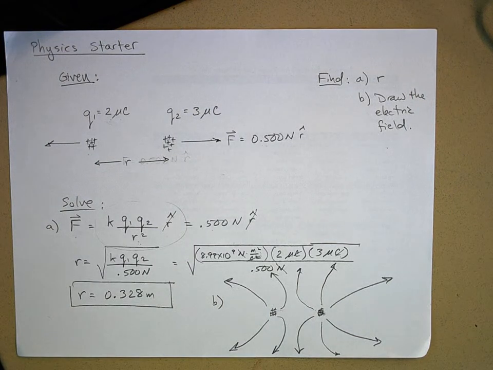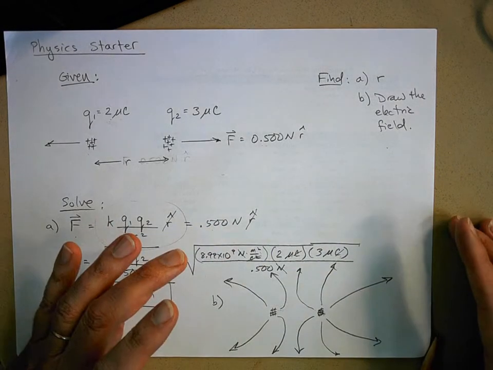Yes? Would it be incorrect to do 2 field lines here and 3? I'd probably ding you a point, just because how do you represent the space with only 2 field lines? You want to show what's going on around it.